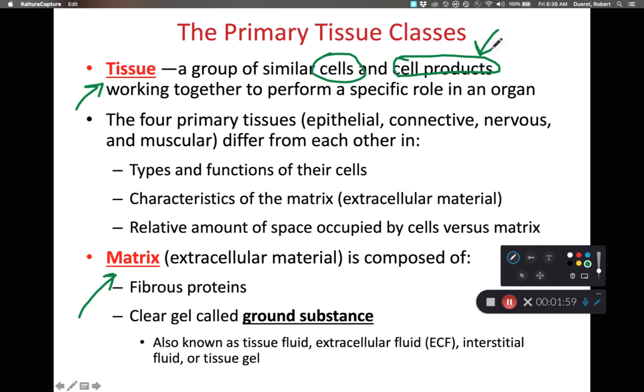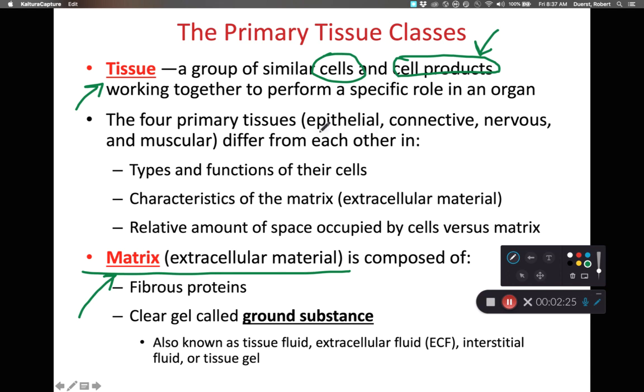And for the sake of simplicity, because they are smaller than a cell, I refer to them as the non-living component, because the cell is the smallest living thing. It's the structural and functional unit of life. The living and non-living components of a tissue, the cells and the extracellular matrix, work together to have that specific function.